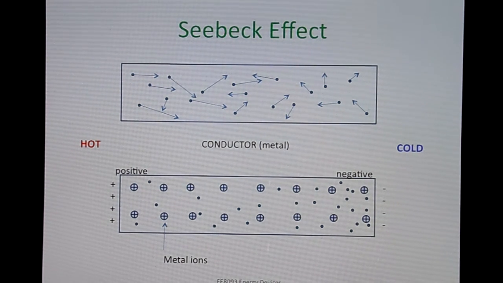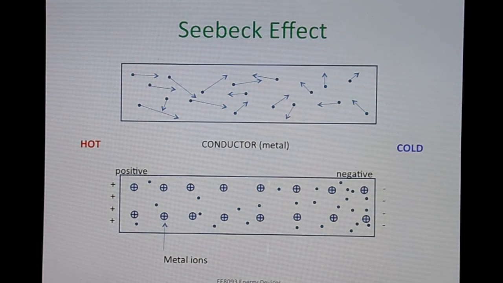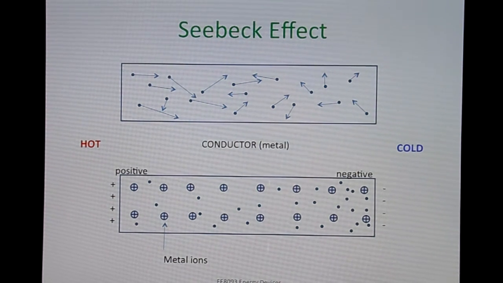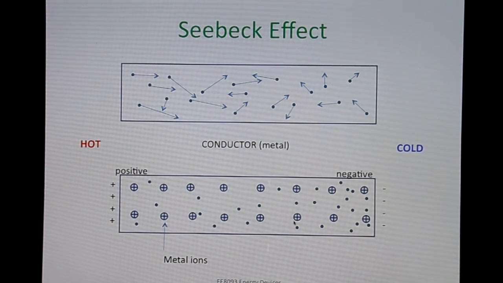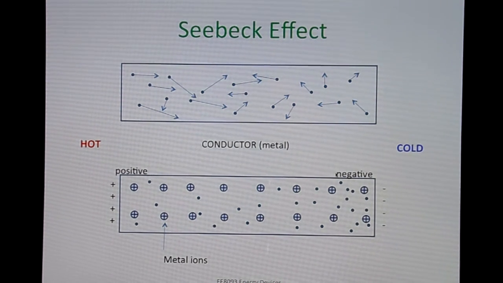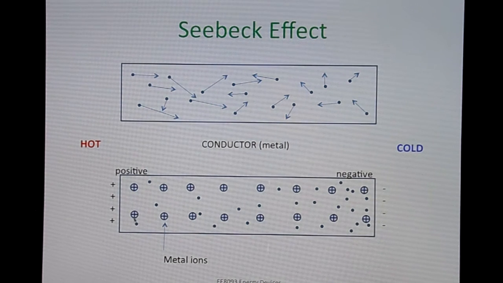So in this diagram, we are trying to show what's called a steady state of this piece of metal. So in the steady state, when there are no further changes, you can see that there is a higher concentration of electrons on the cold side than there are electrons on the hot side.